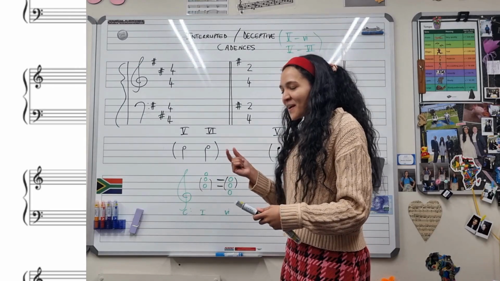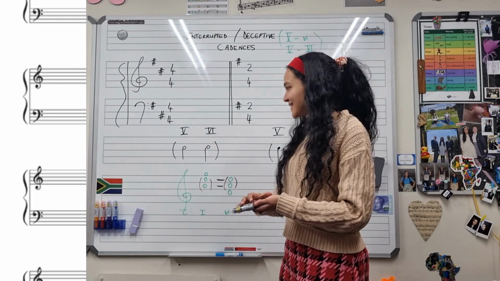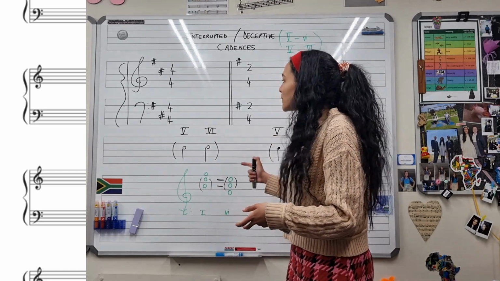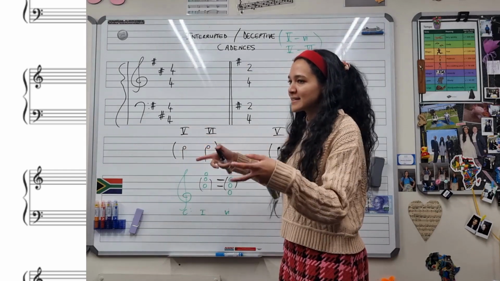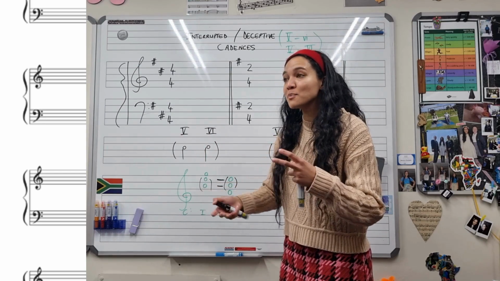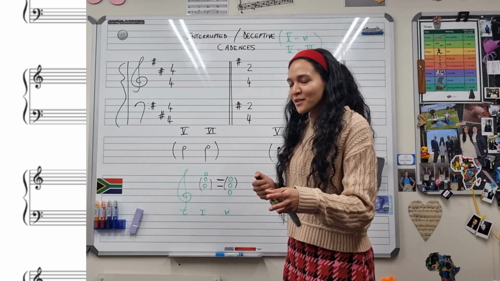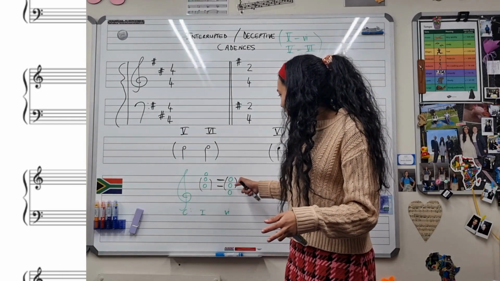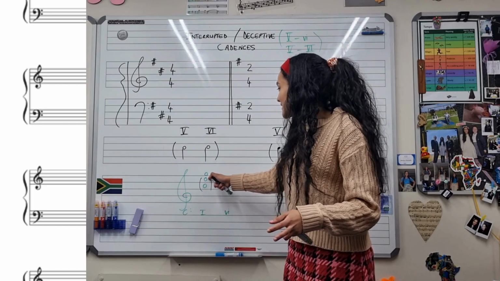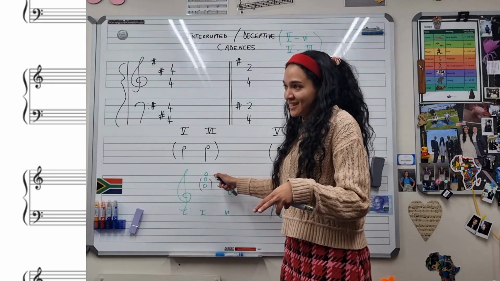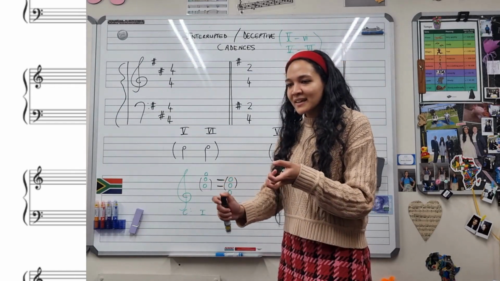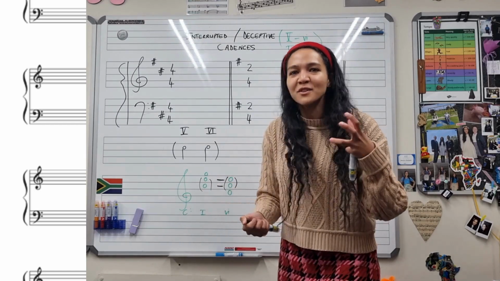So there are times when they can act like each other and function like each other, or deceive. When we hear the dominant and it's very tense with the leading note and everything, we think, okay, now I want to go to tonic, but then they surprise you by not going to the tonic. They surprise us by going to this chord instead of that chord. So instead of hearing a C, E, G, we're now hearing something with a C and an E, but then an A. Something is deceiving us and we're like, whoa, that's a cool chord.